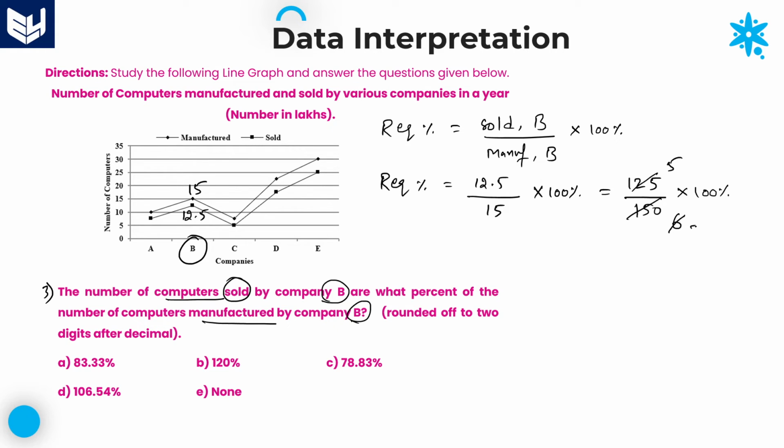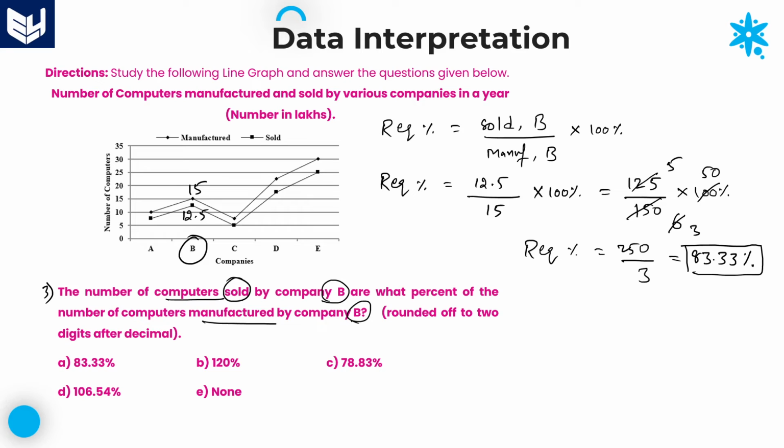And next 2 3s are 6, so 250 divided by 3, that is 25 by 3, 8 times, and next 1 is left over, 10 means 3 times, 83 point, still 10 is left over, 3 times, again 10 is there, 3 times. You want up to 2 decimal digits, therefore your required answer is 83.33 percentage.